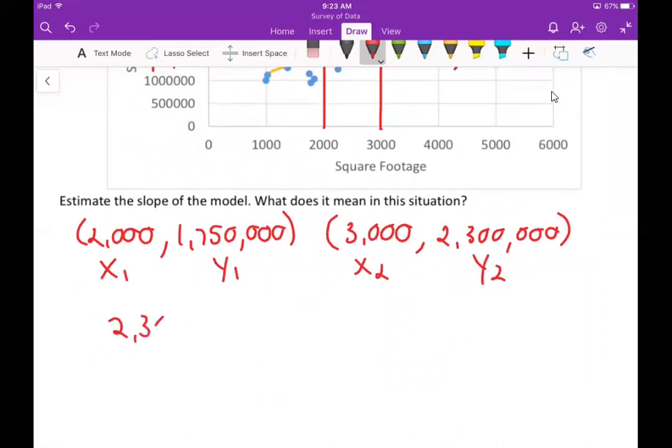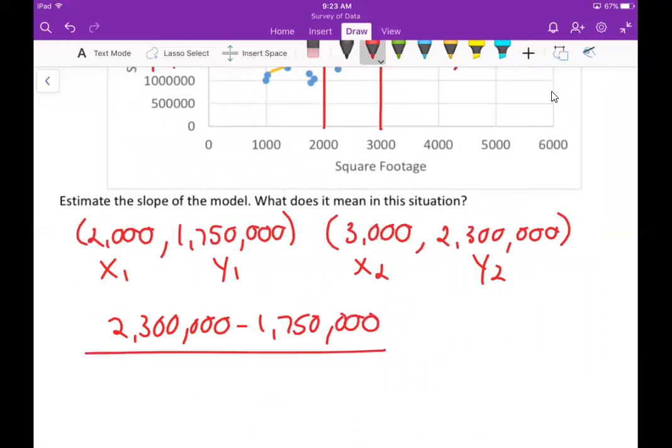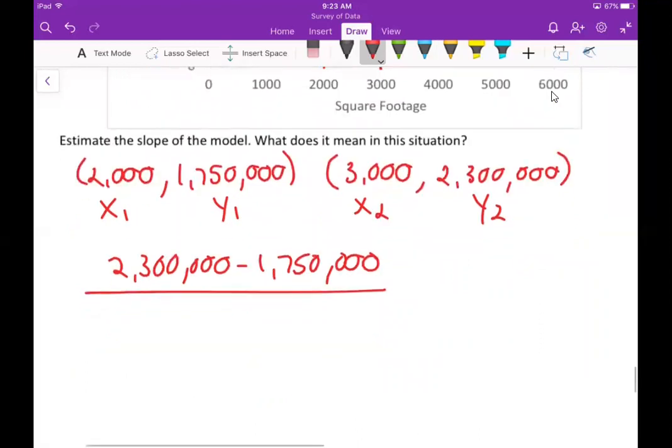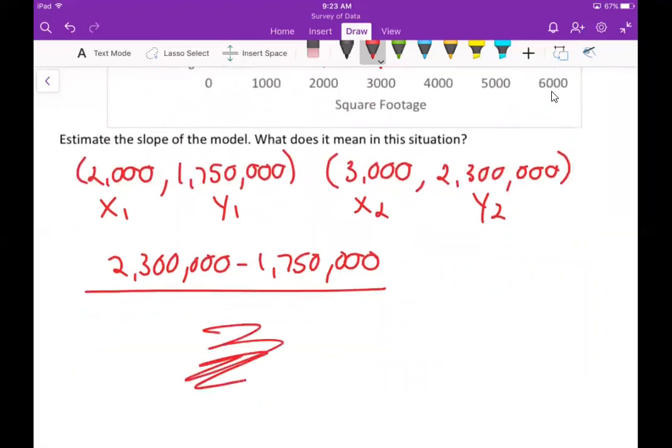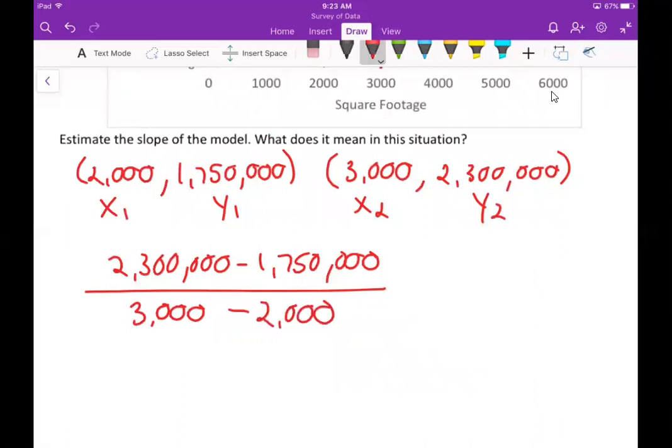And I would just take 2,300,000 minus 1,750,000. Now, if your estimates are a little bit different, if you tried this before watching, it's okay that your slope gets a little bit different. But your slope should still be close to mine in the end, okay? So 3,000 there minus 2,000.